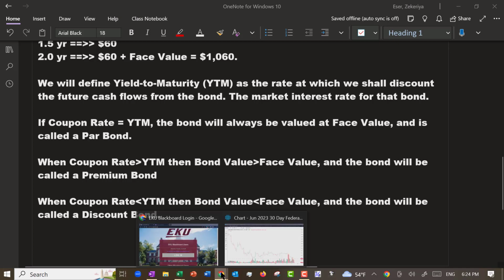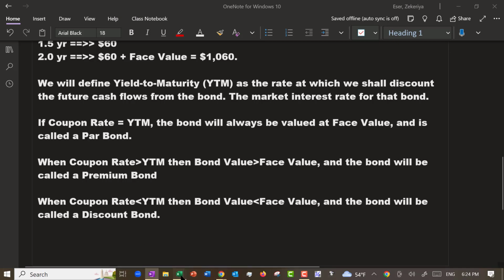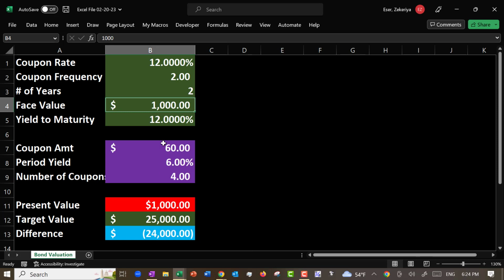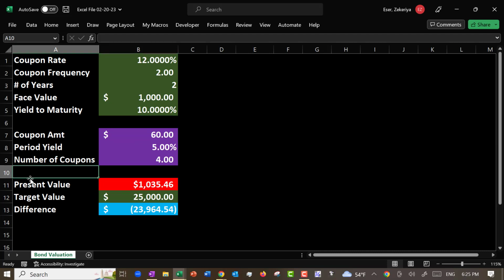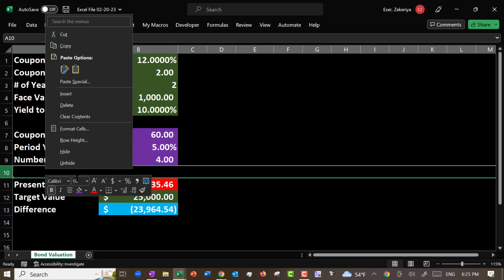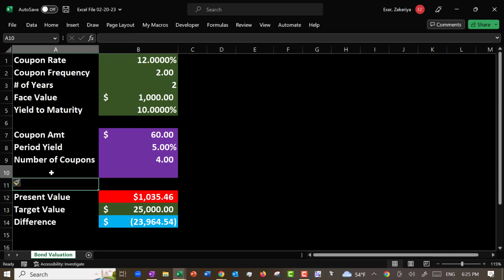In terms of valuation, all you have to do is, if yield to maturity is 10%, this bond is going to trade at 1035. There is one more thing I'm going to add here, and this is only for completeness purposes. There's a type of yield called current yield for bonds.